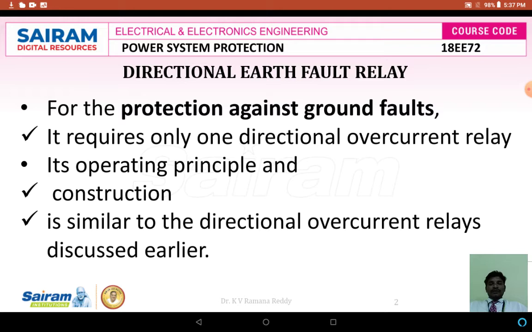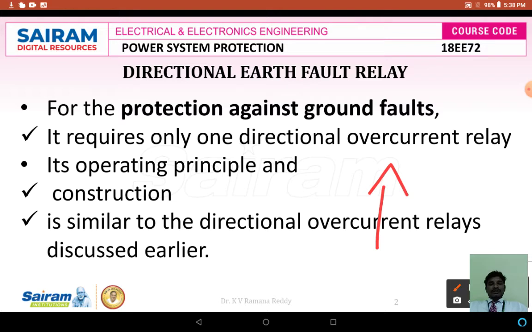Whenever we are employing a directional earth fault relay, it is represented with the following arrow mark.